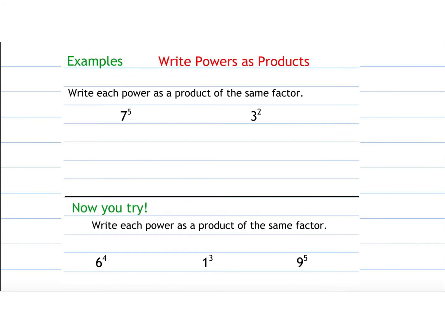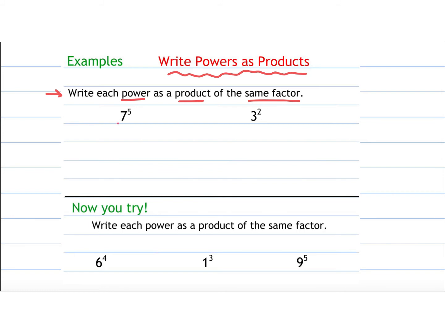Okay, so let's go ahead and write down this subheading, write powers as products. And then I want you to write this problem down so that we know what we're doing. Write each power as a product of the same factor. So power, again, is the numbers with the exponents, product being multiplication, and same factor being the same number. So we want to write 7 to the power of 5 as a number being multiplied over.